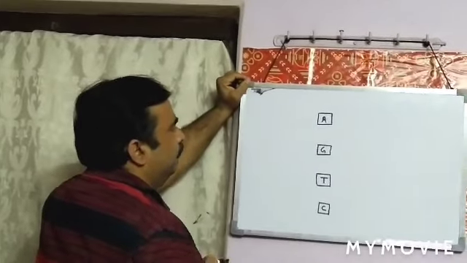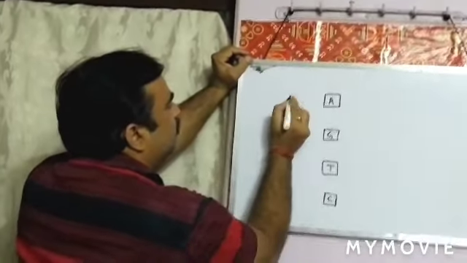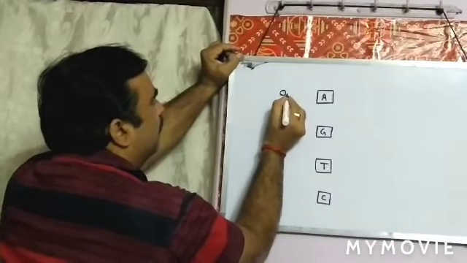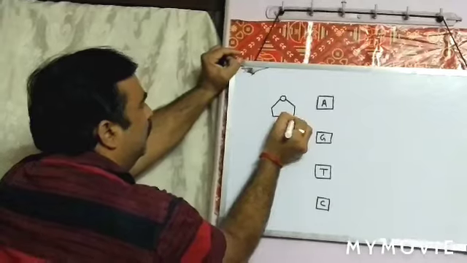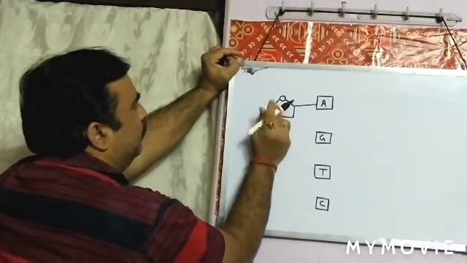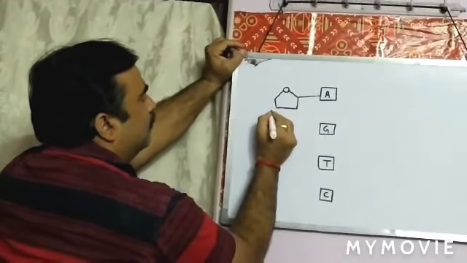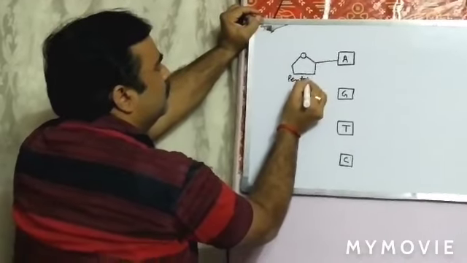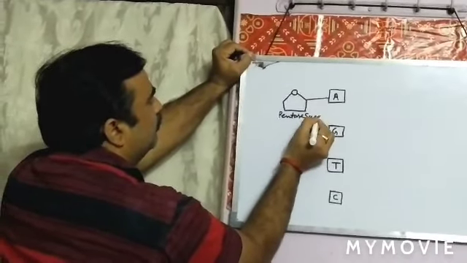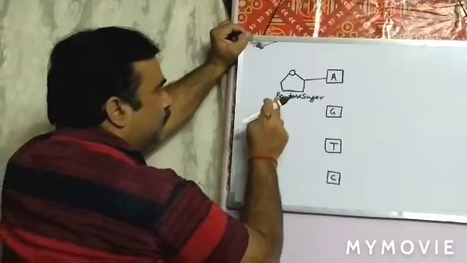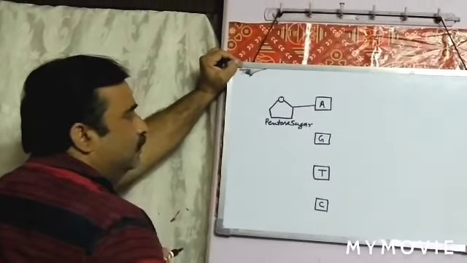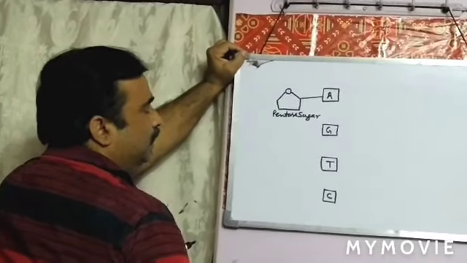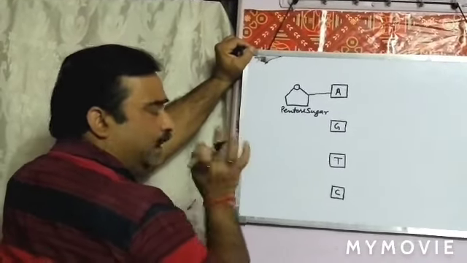the outline. So when these nitrogenous bases are combined with pentose sugar, I draw a symbolic diagram for the pentose sugar. So this is what? Pentose sugar. Clear? When these nitrogenous bases combine with the pentose sugar, deoxyribose sugar, they form nucleoside. I already discussed this.